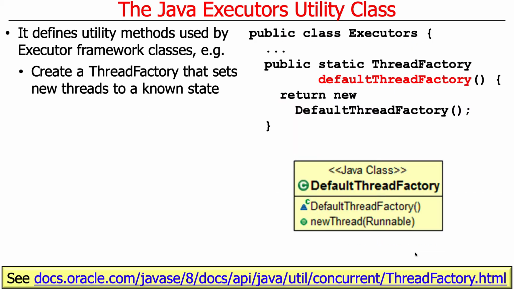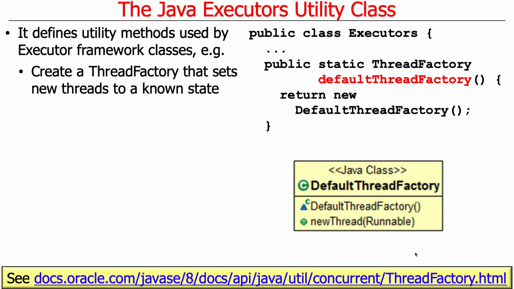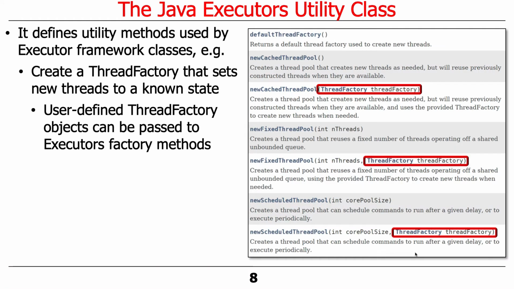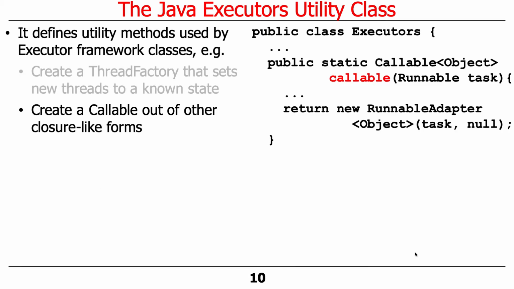So if you call the methods here, like new fixed thread pool that does not take a thread factory, or new cached thread pool that does not take a thread factory, and so on, it'll use the default thread factory. You can also create your own custom thread factories and then pass them in here to give them custom behaviors. And that can be used to change the priorities, or change the name, or change the type, daemon, non-daemon, all that kind of good stuff.